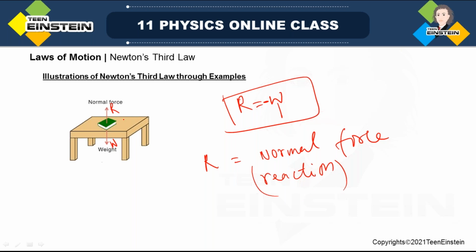So normal force is the force which occurs at the contact surface. Whenever we are stepping on the ground, the ground will give a normal force which is equal and opposite to our weight, equal in magnitude and opposite in direction.